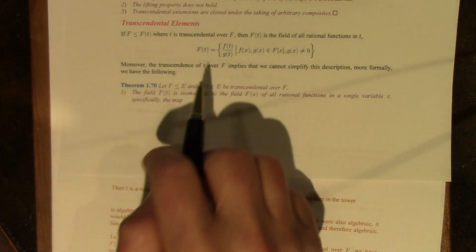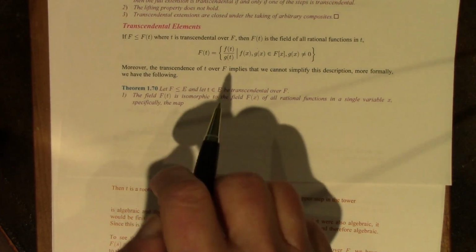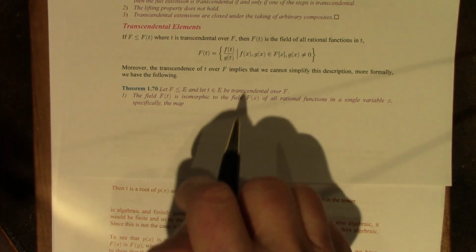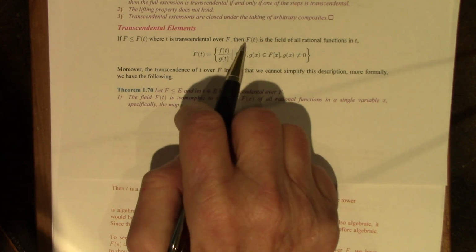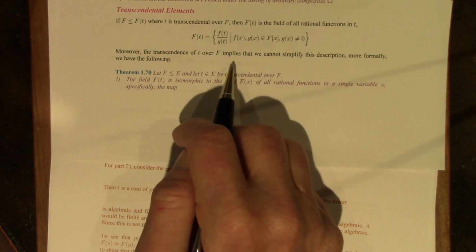The fact that T is transcendental implies we cannot simplify this description as we can in the case of T being algebraic. We can simplify to just polynomials using the minimal polynomial, if you recall. No such simplification is possible here.